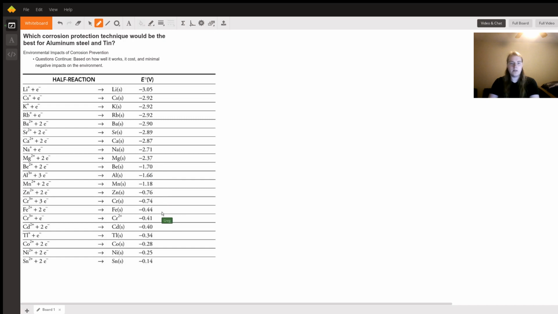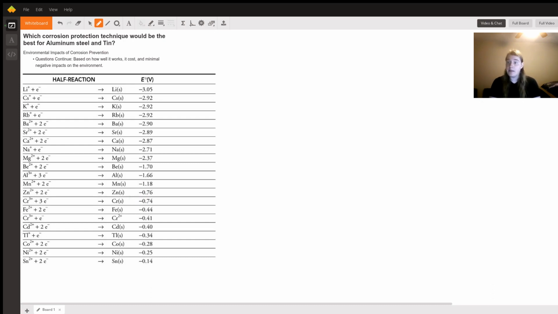Now, the way you do that is you find something that's more easily oxidized than iron and put it on the iron. So we have iron down here: Fe2+ plus 2 electrons goes to iron solid. So anything higher up on the table could be used. We could use chromium, zinc, or manganese.